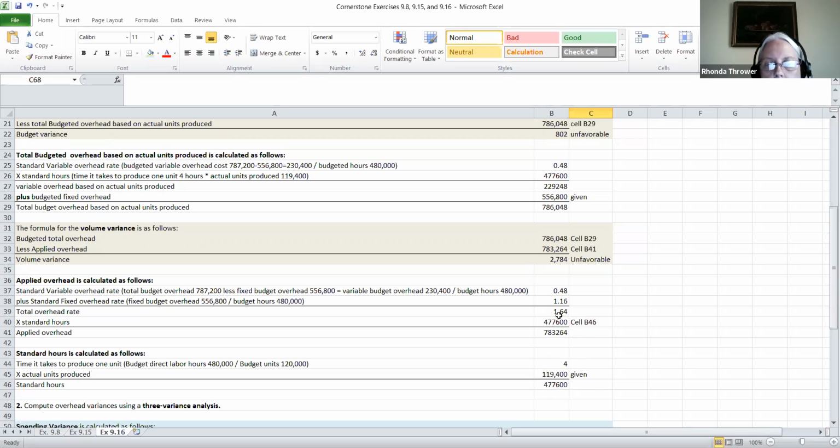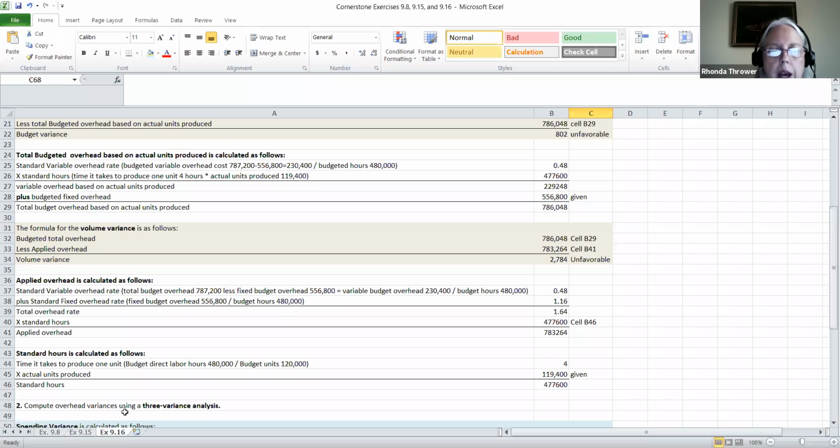So the standard hours times the total overhead rate will give you the applied overhead, and that's what goes there. Once you have the applied overhead, you're going to subtract it from your budgeted total overhead, and that will give you the volume variance. And that's all they wanted you to do with part 1.